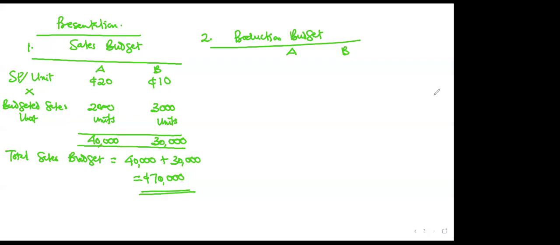Do you remember I explained that the production budget will be influenced by the existence of opening and closing stocks from the period? So if I want to know how much I'll produce, you can always use this formula.